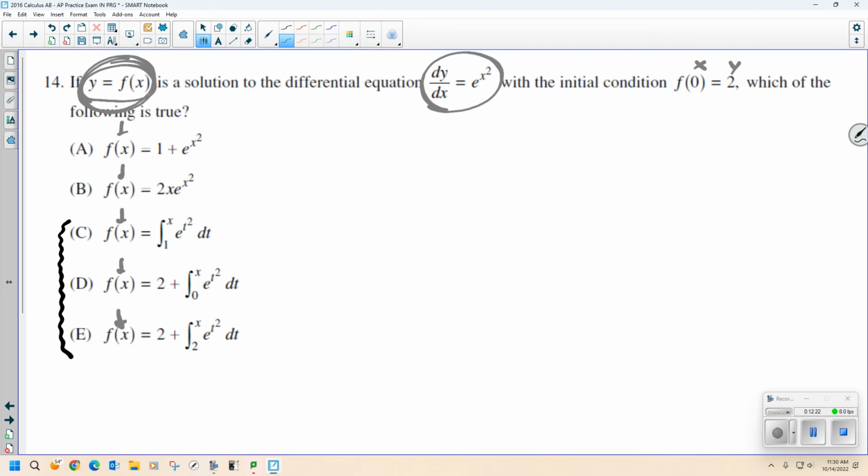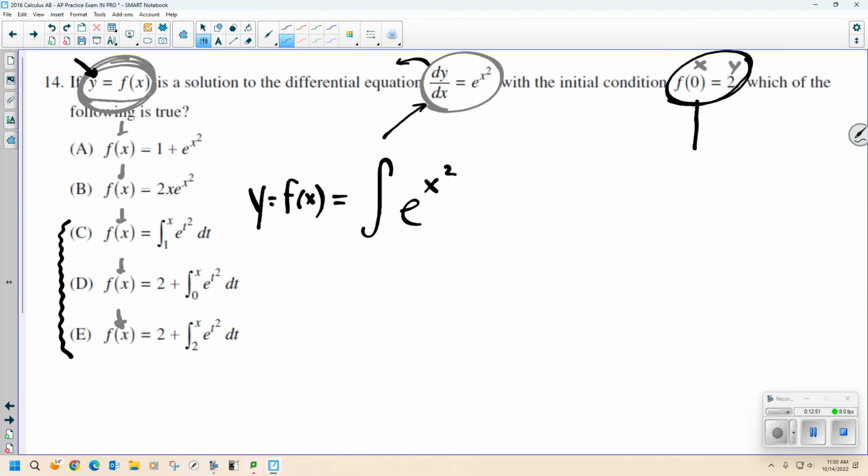Okay? If I solve this and go backward to get y, that means we're going to go backward from the derivative. That means I need to integrate. Okay, well, let's integrate this. So my y, or my f of x, is going to equal, it's a solution to this. But what about that 0 and 2?